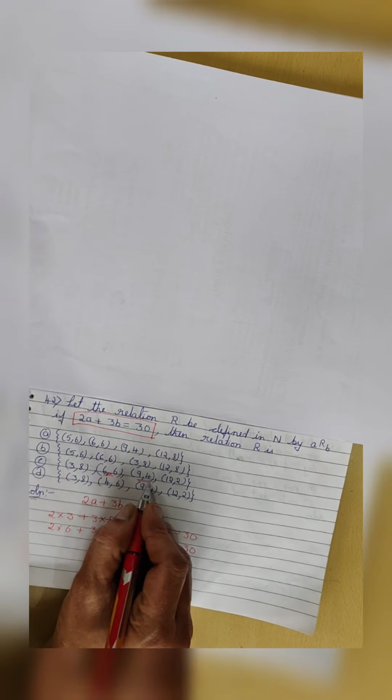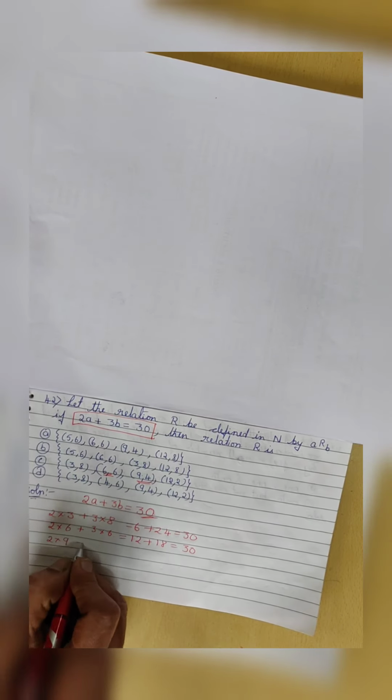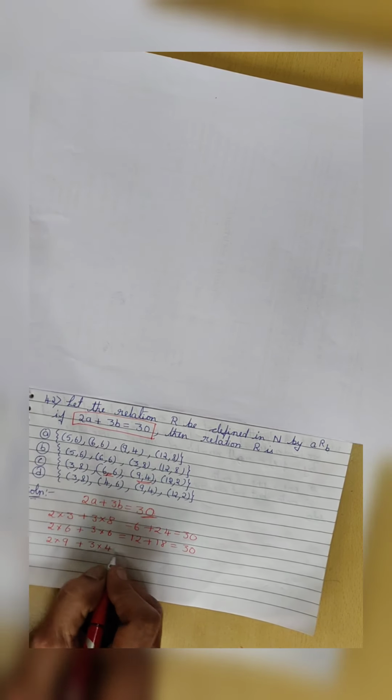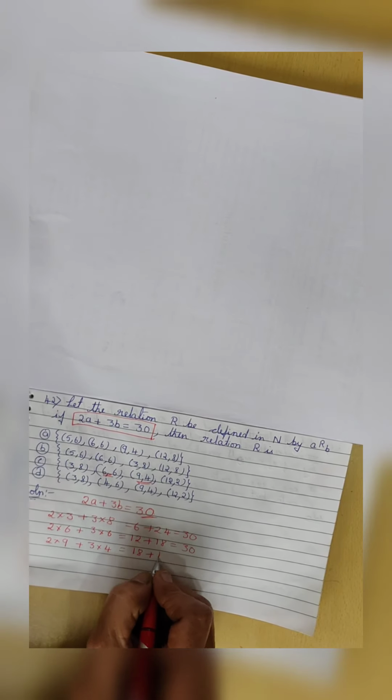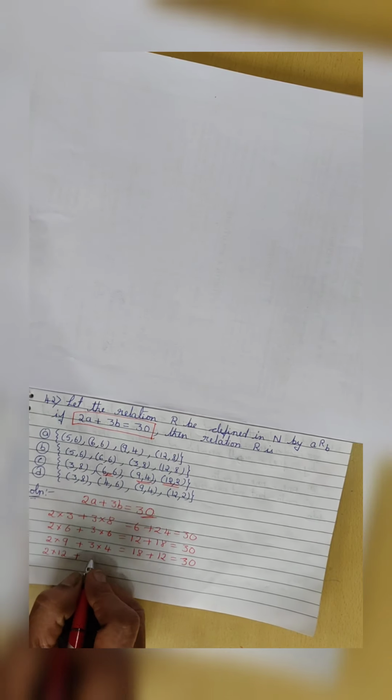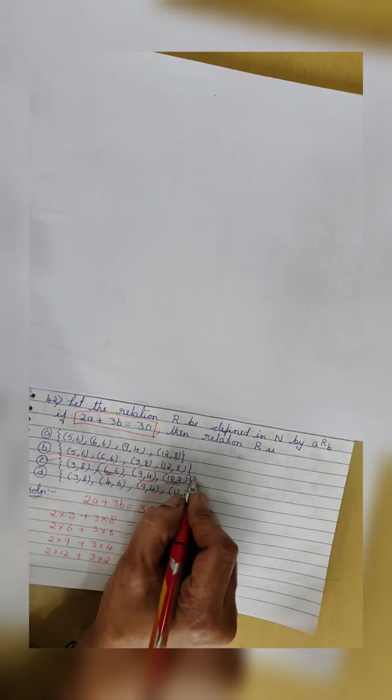And we will take (9,4): 2 into 9 plus 3 into 4, 18 plus 12, this is 30. Then the last one, (12,2): 2 into 12 plus 3 into 2, that is 24 plus 6, 30. So the option is C, which will fit this relation.